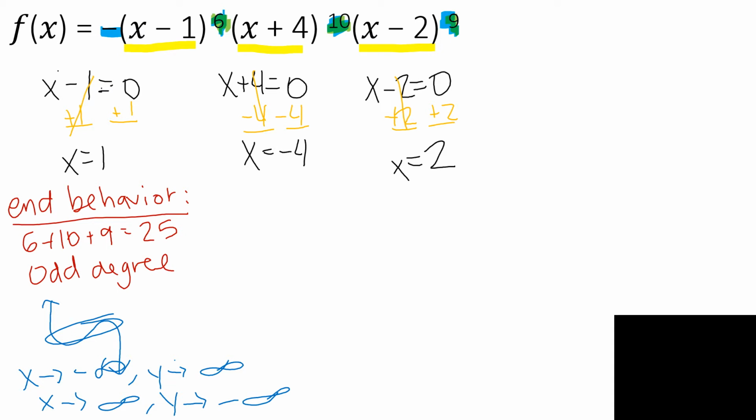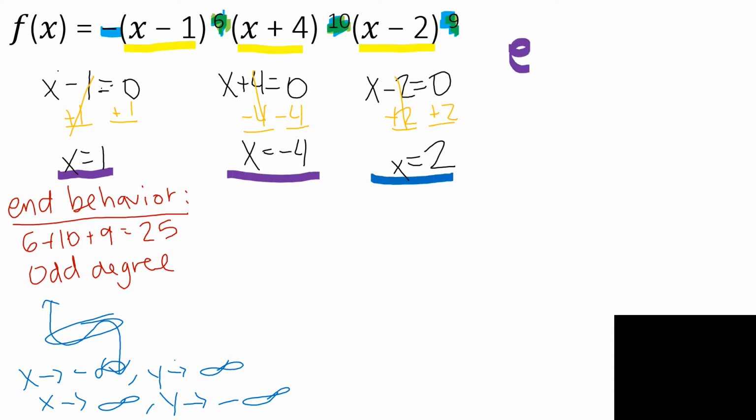When the multiplicity, or the exponent attached to each answer, is even, the graph will touch the x-axis. But if the multiplicity is odd, it will cross the x-axis. So what that means is, I'm going to underline even, even, odd.